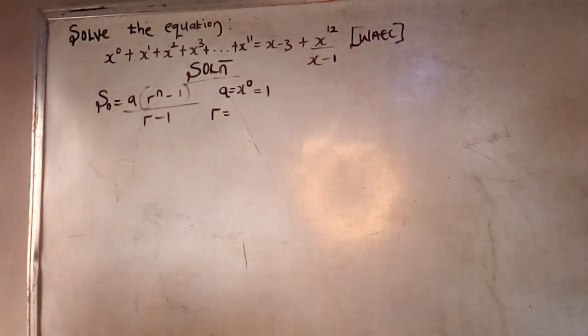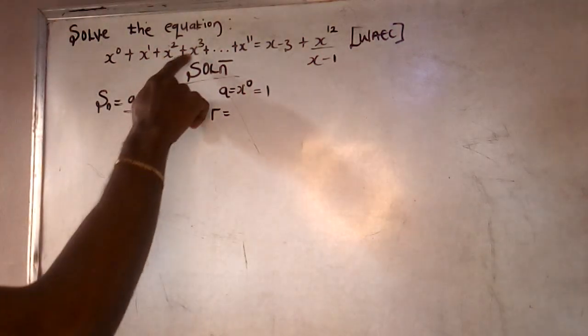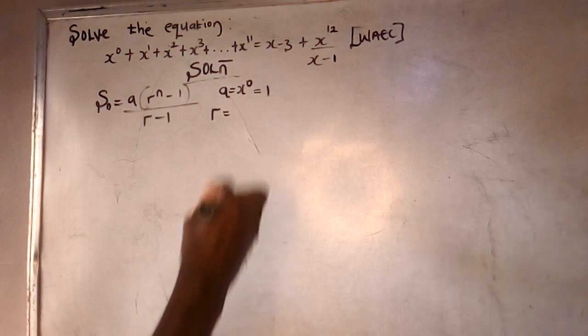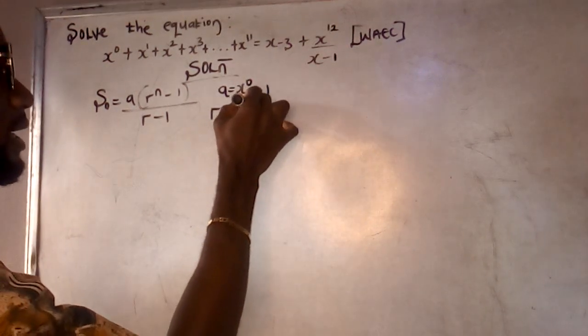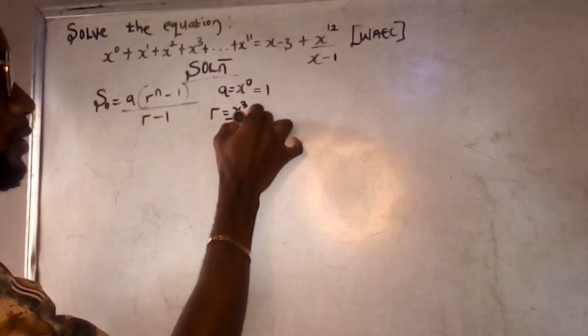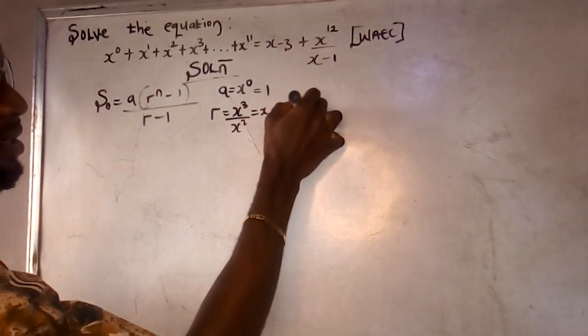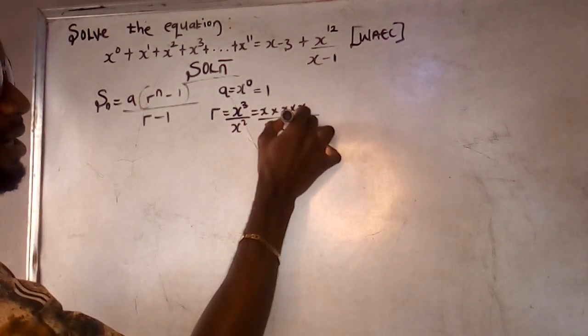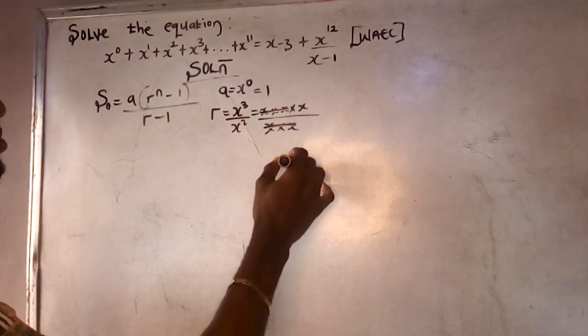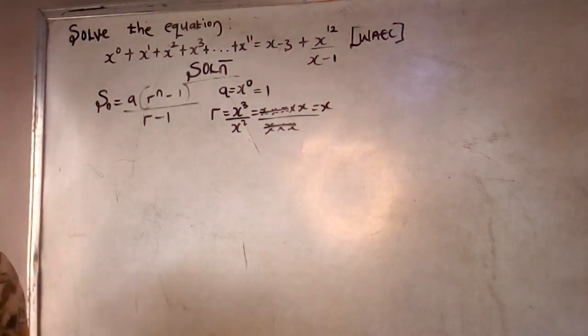Any one that you pick, you still get the same answer. If I pick this divided by this, it will be x raised to the power 3 divided by x raised to the power 2, which is just like saying x times x times x divided by x times x. You know that this and this cancel, and we are left with only x.